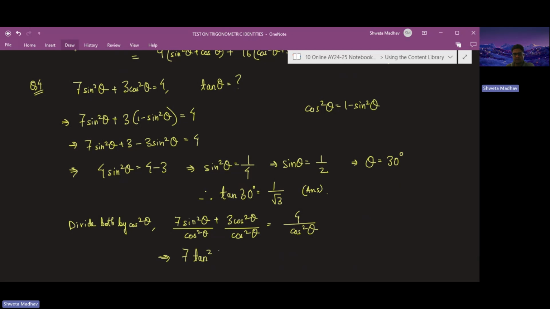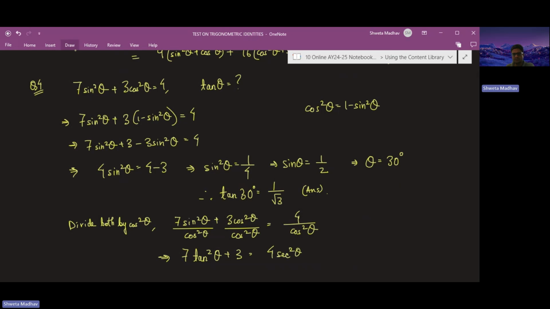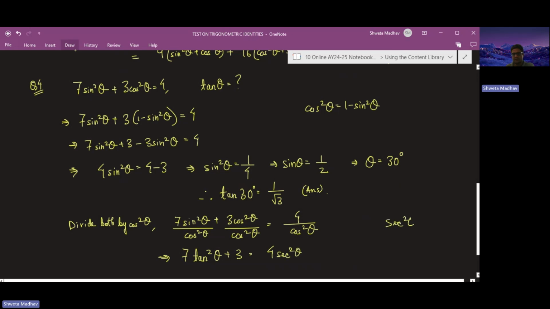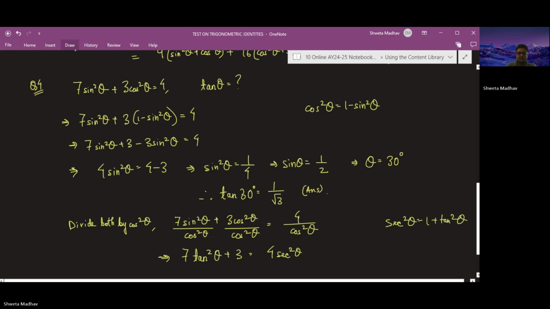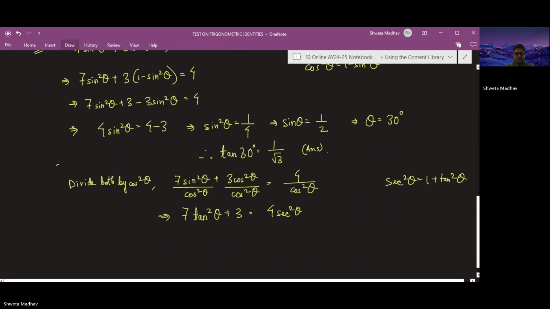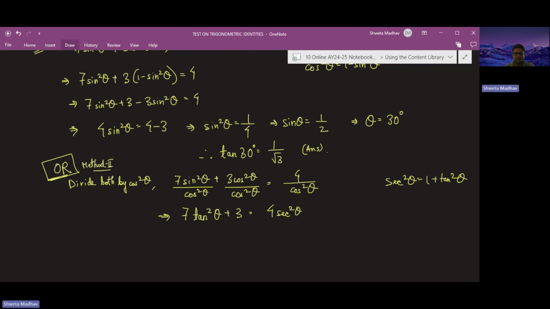So I can write it as 7 tan square theta plus 3, that is equal to 4 secant square theta. And secant square theta I can write as 1 plus tan square theta also. So this is another way to solve, method 2. This was method 1.